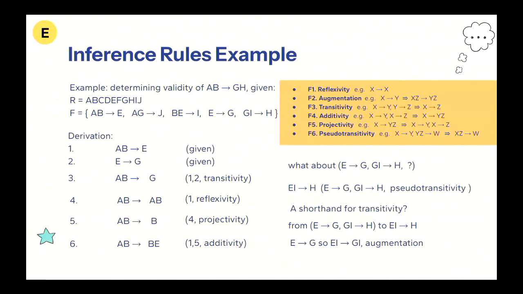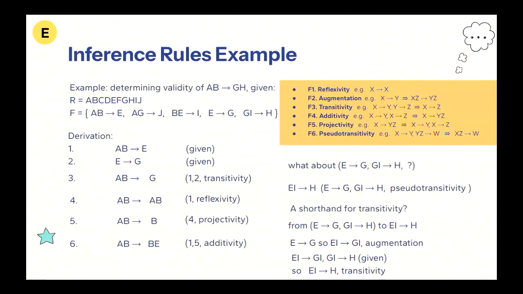And once we have EI determines GI, and we are also given GI determines H, which rule can we apply here? Yes, transitivity. We can use transitivity here. So EI to GI is derived based on augmentation, and GI to H is given. So we can apply transitivity to get EI determines H.